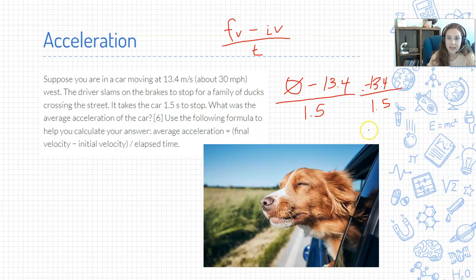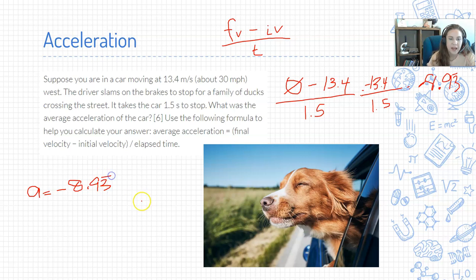The acceleration equals negative 8.93, and that 3 is repeating. Negative 8.93 repeating is the acceleration. A equals negative 8.93 repeating.